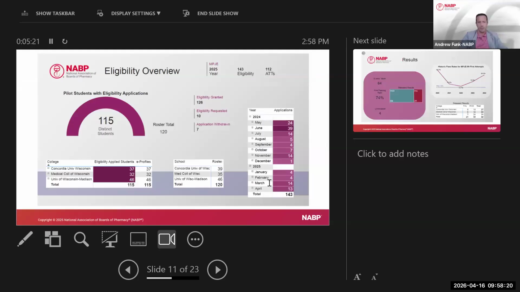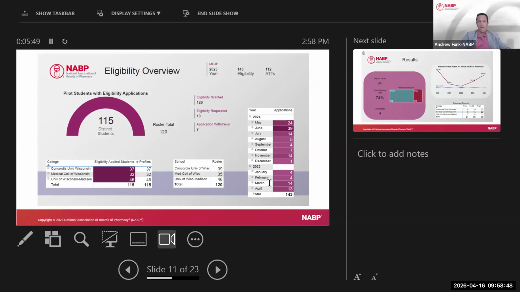This is the eligibility overview, and I want to draw your attention to the column on the right, which shows the applications for when individuals applied to take the exam. Some of the things that we've heard, especially in some of the more rural states, is candidates unable to get testing slots at the times that are convenient for them.